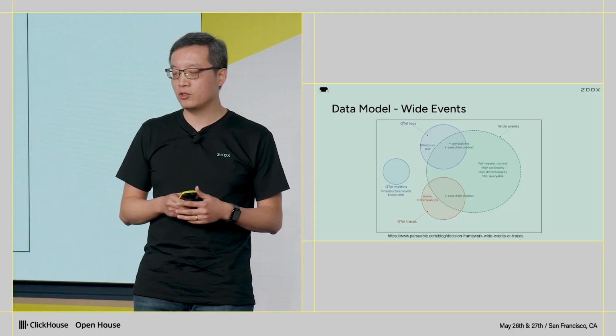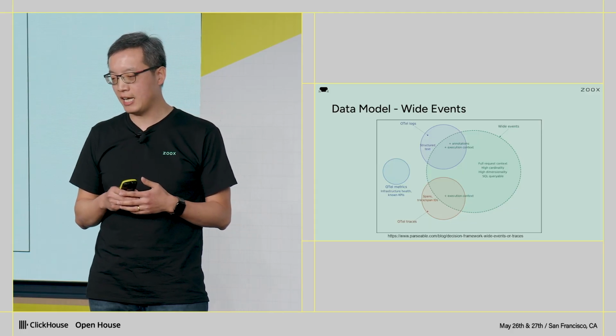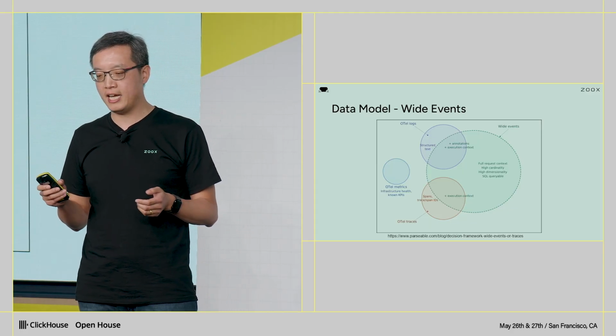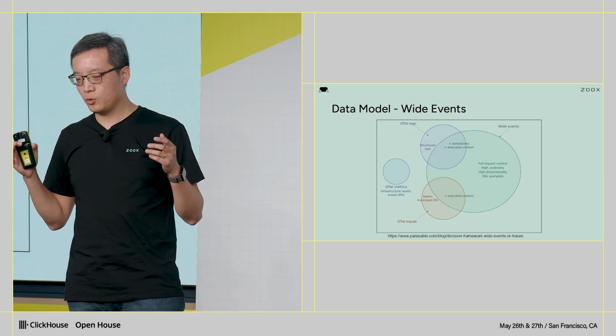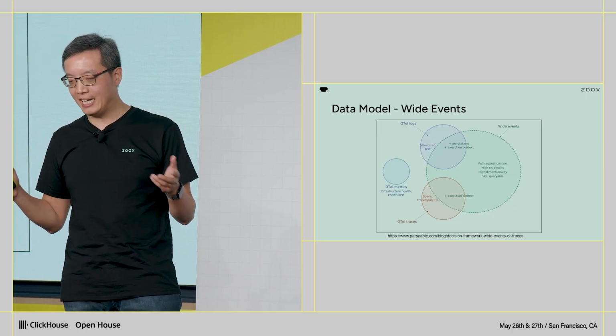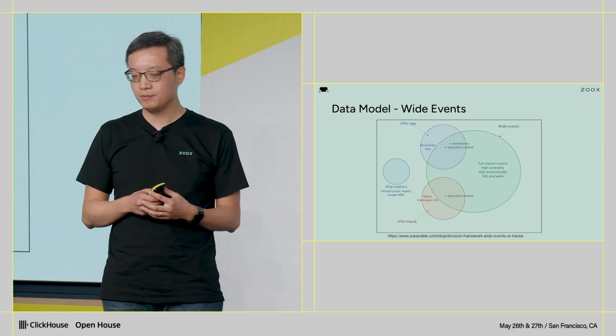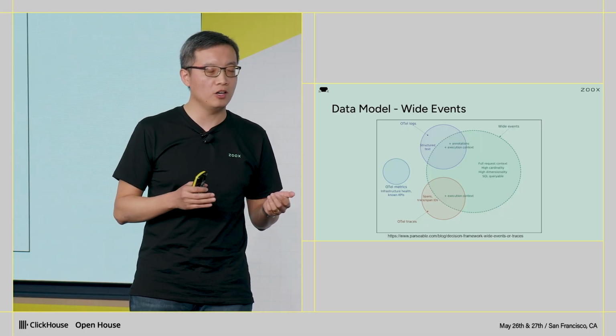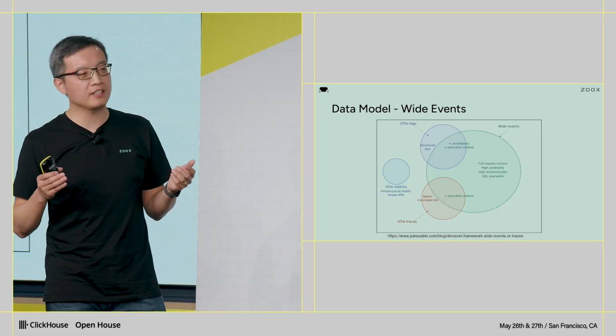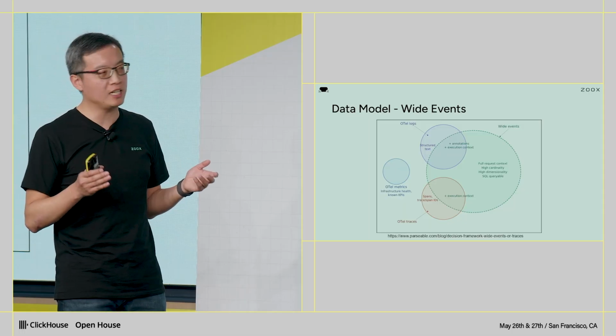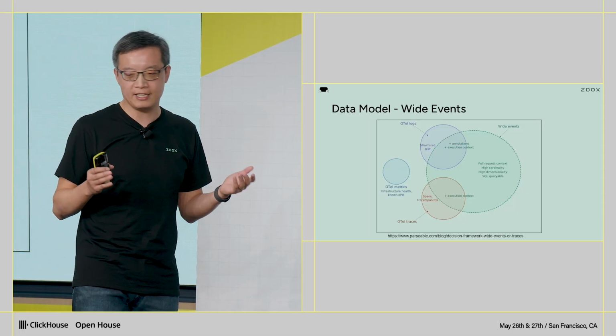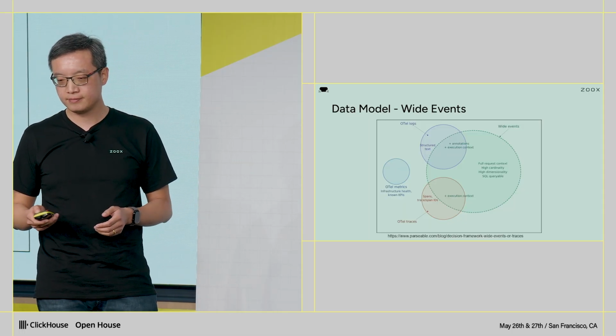Wide events can include as much context as you have access to, so you can store full request context, high cardinality, and high dimensional data. It is intended for dynamic exploration. For example, you start with a broad question and then narrow down.